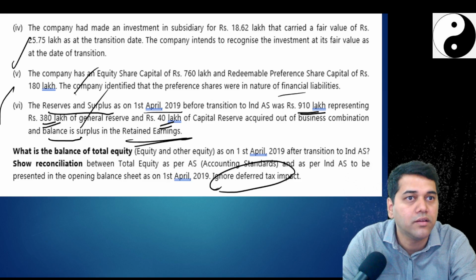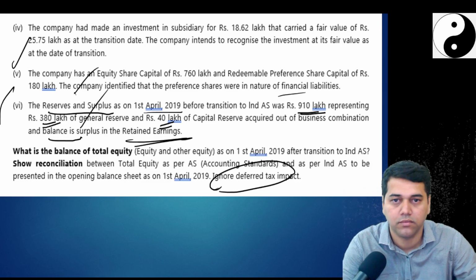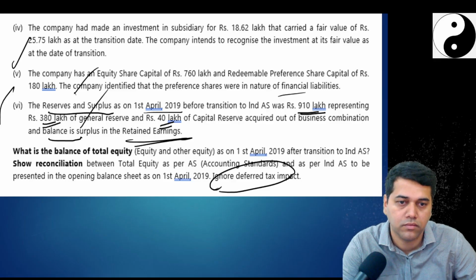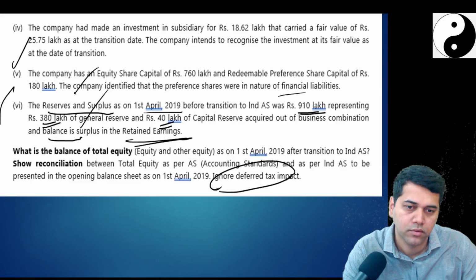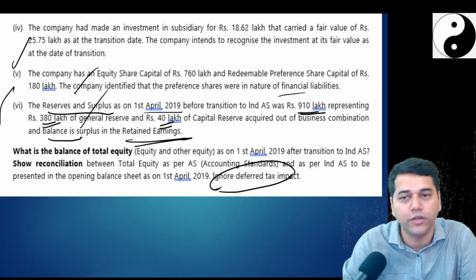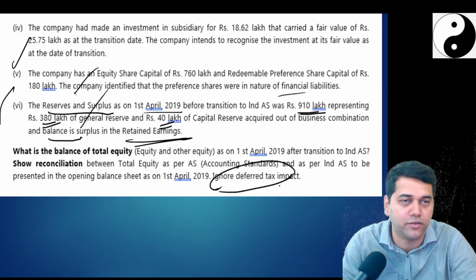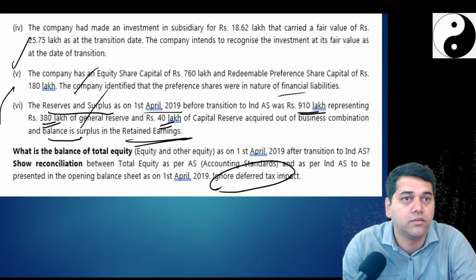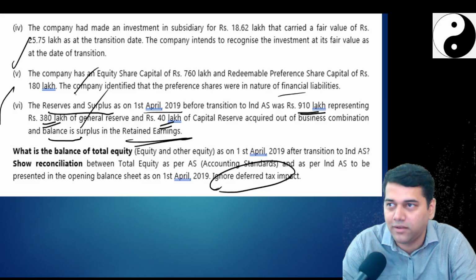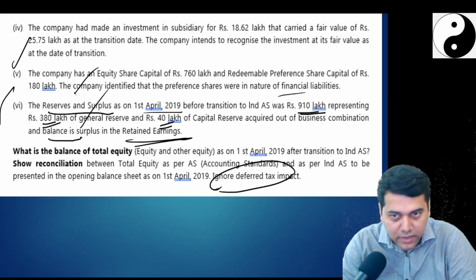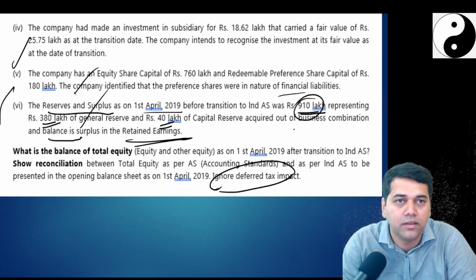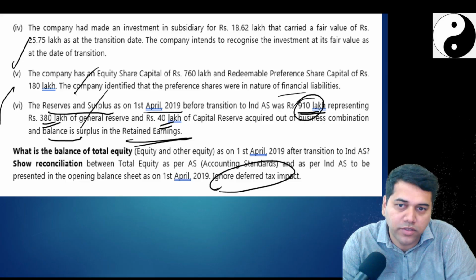Very beautiful. Now tell me, students, what did you understand? They said very clearly part of the reserve. Which reserve? It is part of the 910. The total reserves is 910.